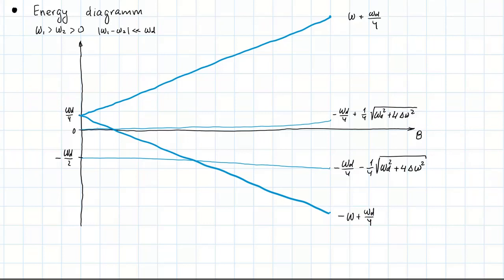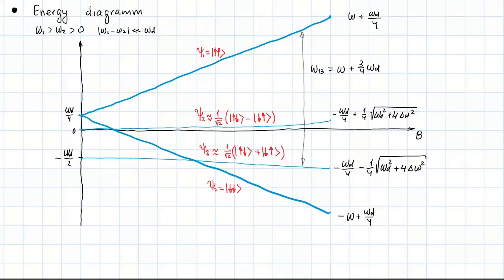Okay, we can also indicate here the wave functions or eigenvectors of the spin Hamiltonian for each energy level. Also, I would like to indicate here the transitions between the states 1, 3 and 3, 4.